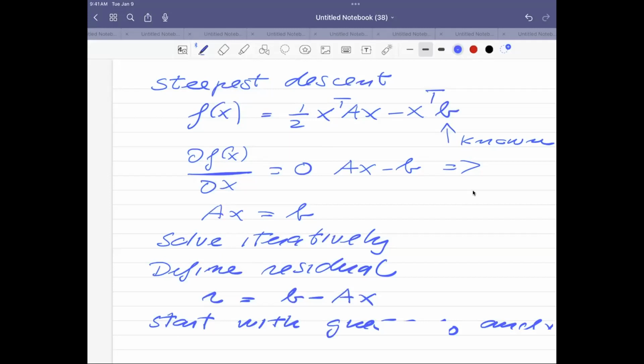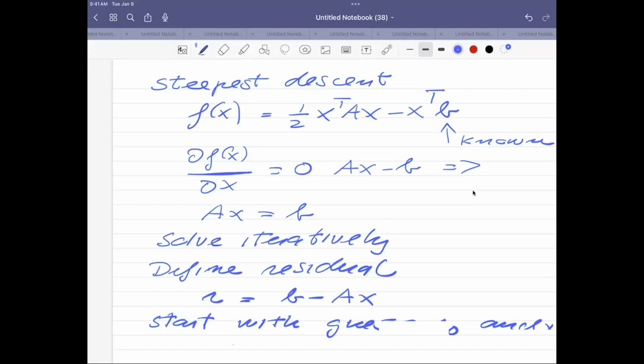So you know that you have the exact solution when this residual R is 0. That's pretty obvious, right? So if you start with x0 equal to 0, which is fully possible, then you know that this R0 is simply equal to plus B. And B is known.